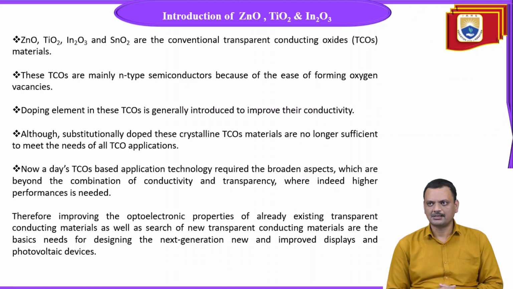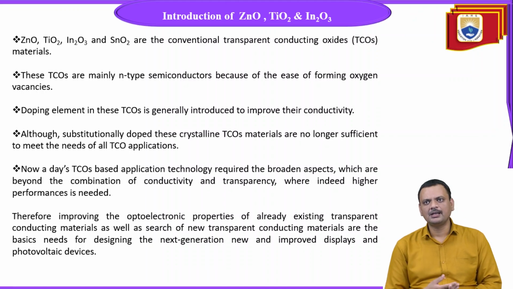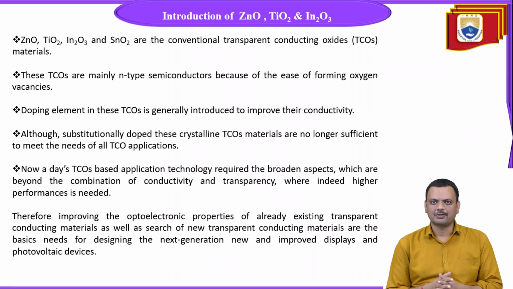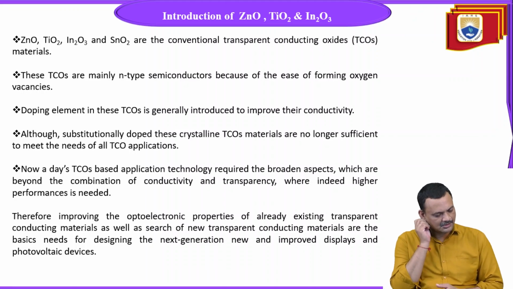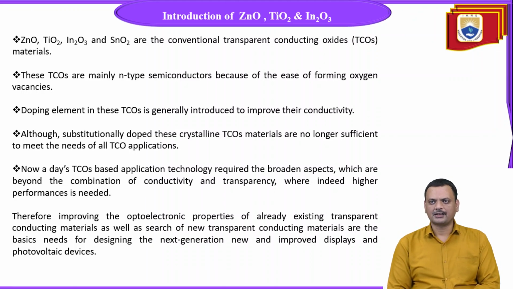Like glass is transparent, but glass cannot be conductive. And if, let's suppose, iron is conductive or silver is conductive, these metals are generally not transparent. So if you merge these two properties, they are known as TCO, or transparent conducting oxides, which are generally transparent conductors.